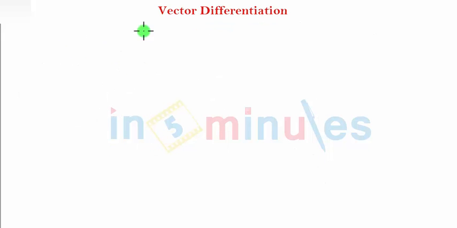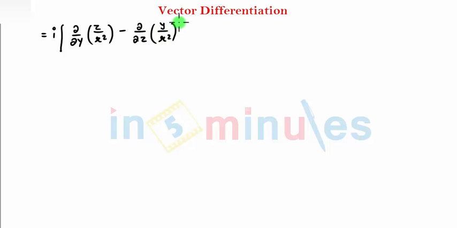So the curl will be: first, i bar multiplying dou by dou y of z divided by r square, minus dou by dou z of y divided by r square. So that's my i bar.